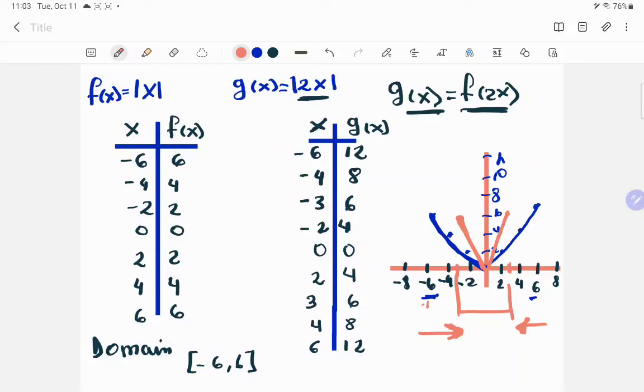It moved to negative 3. So that's a compression. A horizontal compression happens when the number multiplying x is greater than 1. When this number is greater than 1, that's a horizontal compression.